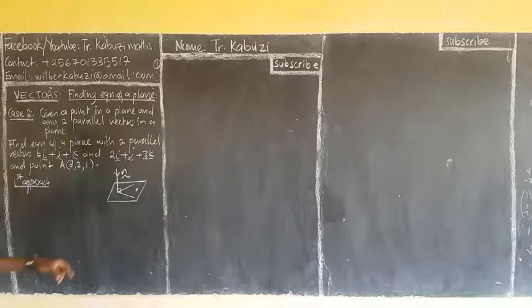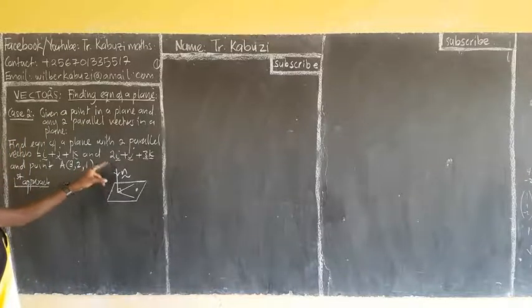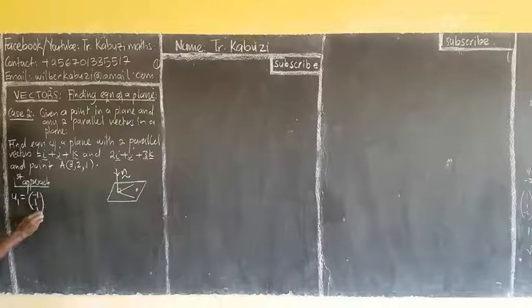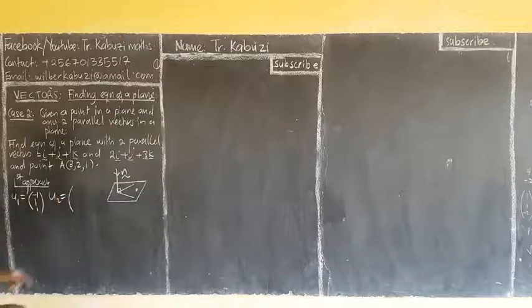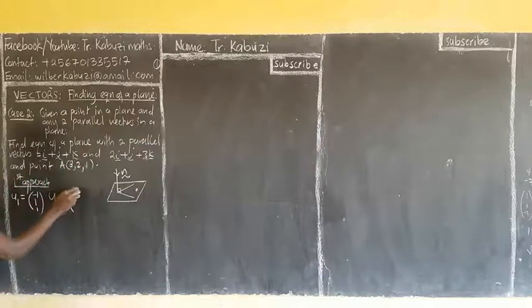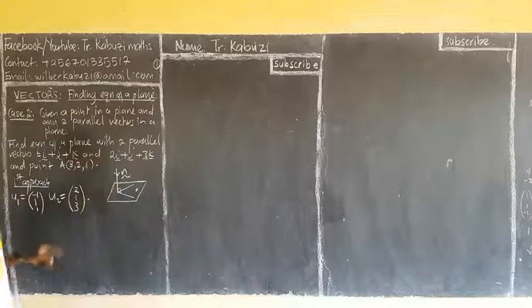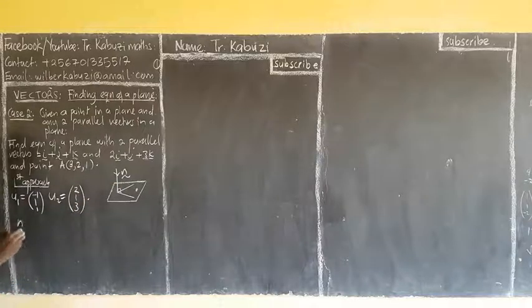They are giving me u1 as negative 1, 1, 1, and u2 as 2, 1, 3. Meaning that to get my normal, I'm going to cross them. So my normal will be u1 cross u2, and I gave you a simple method.